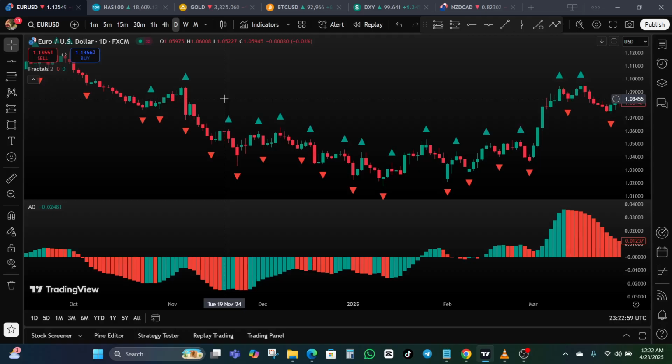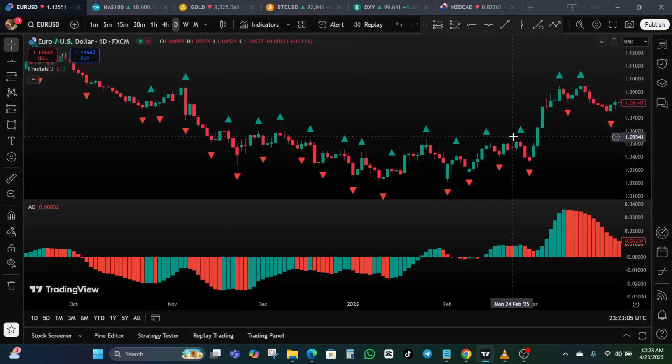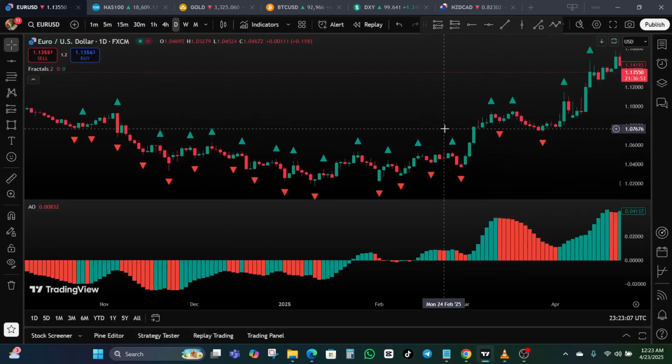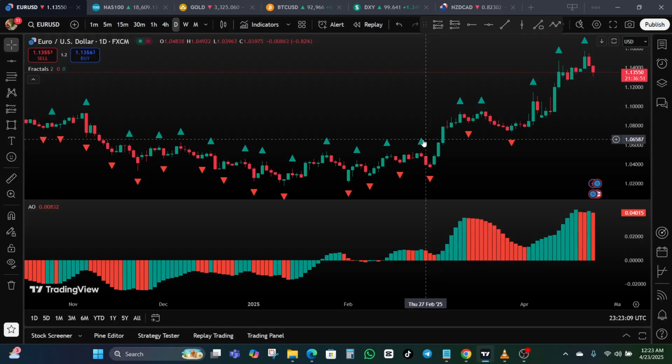On the D1 chart, a break above a bullish fractal confirms upward continuation, like what we can see happen around here. You can see that we had a bullish fractal here, and then there was a breakout to the upside, confirming that bullish continuation, but only when it aligns with the alligator and the awesome oscillator.